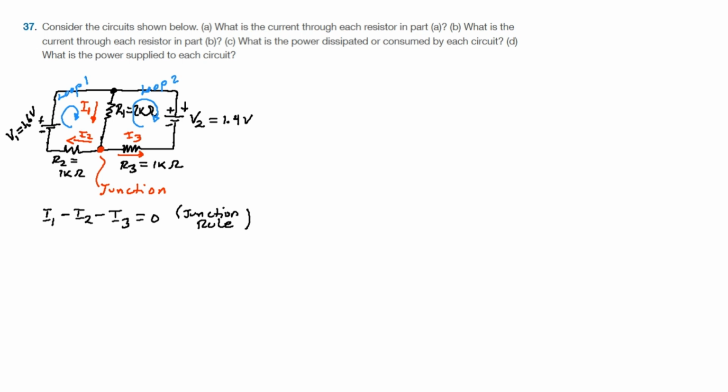First, V1 positive, because I am going in this clockwise direction in loop 1. So we have V1 positive, and now I pass through R1 in the direction of the current I1, so I say minus I1 times R sub 1. And I pass through R2 in the direction of the flow of current, so I say minus I2 R sub 2.